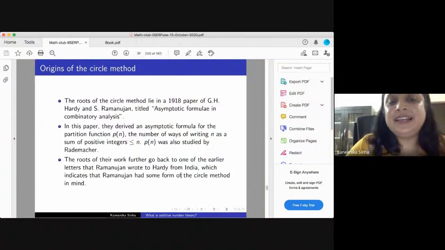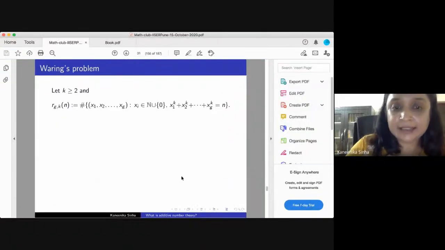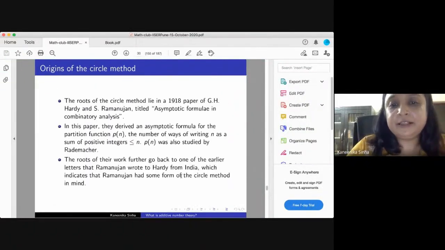But unfortunately, he died too young, and these methods were developed carefully by Hardy and Littlewood. So in many treatments, you hear of this method as the Hardy-Littlewood circle method. But we should not forget the original contribution of Ramanujan to this.